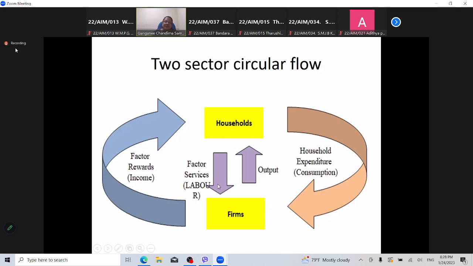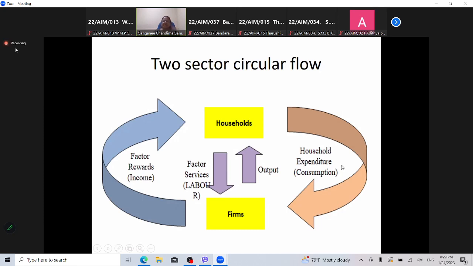Households provide factor services to the factor market, especially labor. Then firms give salaries to labor. That means factor rewards. It is income to the household. On the other side, firms provide output, goods or services, to the households. Then in return, households pay money to firms.